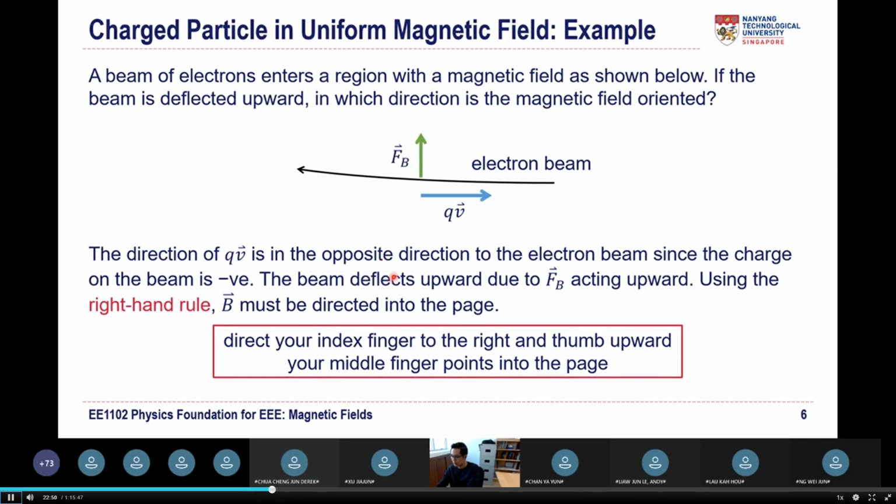It has to be either going into the page or coming out of the page, because we know these three: the force, the magnetic field direction, and the movement of the charge direction, have to be all perpendicular to each other. So if this is 90 degrees, then there has to be another one that is perpendicular, which is the magnetic field. It either has to go into the page or come out of the page, right?